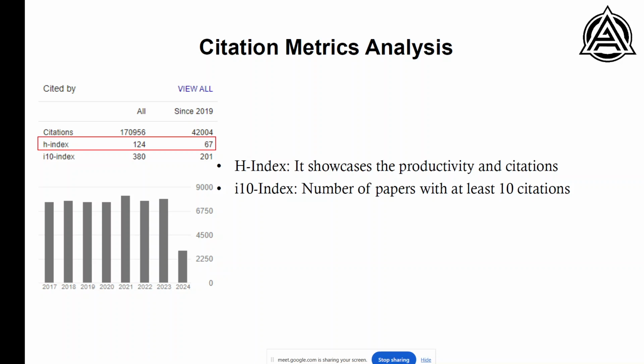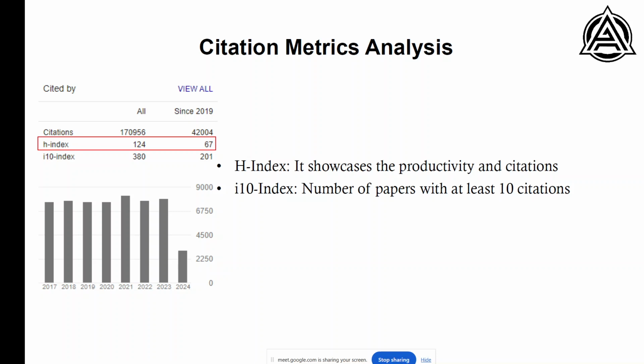Let's say you are publishing 20 papers. Out of 20, 11 papers receive greater than or equal to 10 citations. So what will be your top 10 index? 11, correct. So this is how the I10 index works.